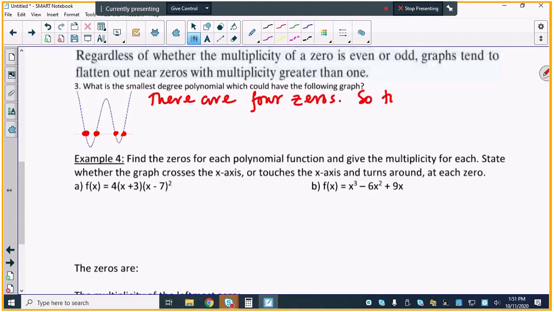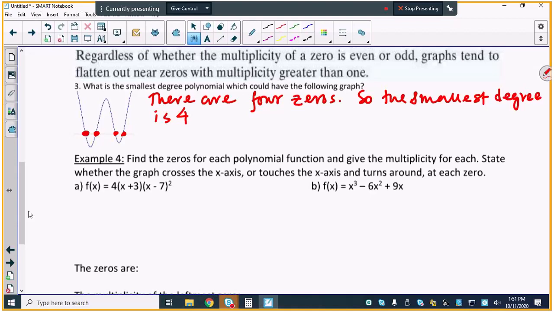So the smallest degree could be more than 4, but the smallest degree should be 4. Because remember, there could be zeros that are not necessarily x-intercepts, but at least you have 4 x-intercepts, so the smallest possible degree should be 4.